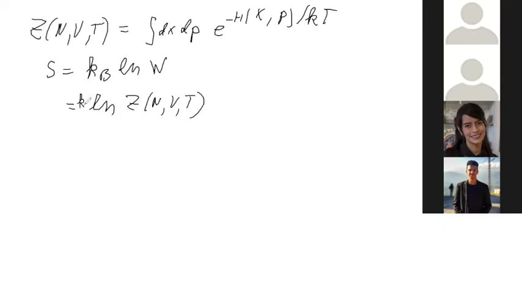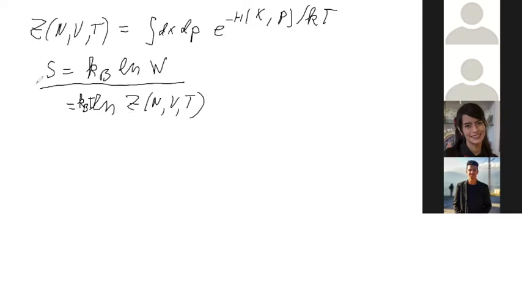Now if I take the logarithm of the canonical partition function times k_B T, who knows what it is in thermodynamics? The name of this thing? It's a very useful physical quantity.